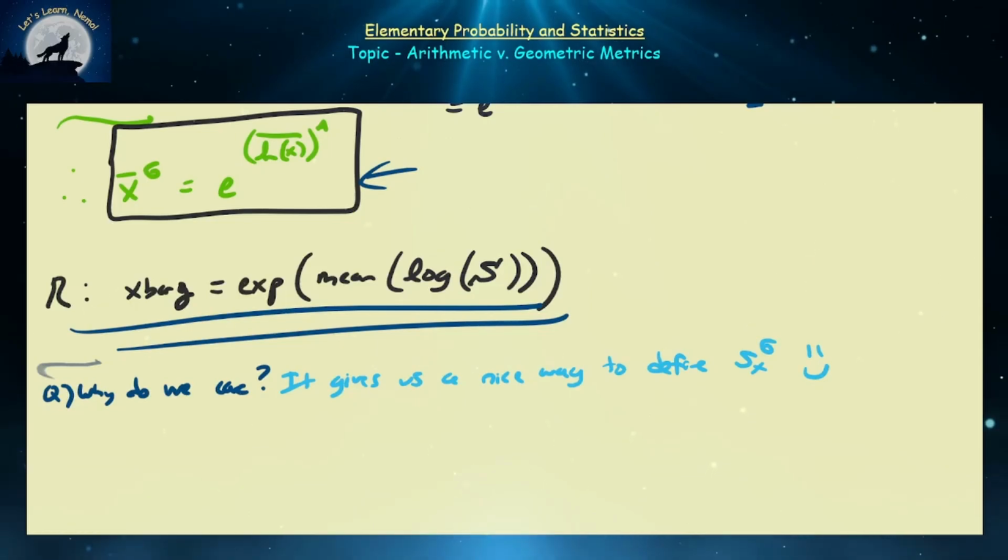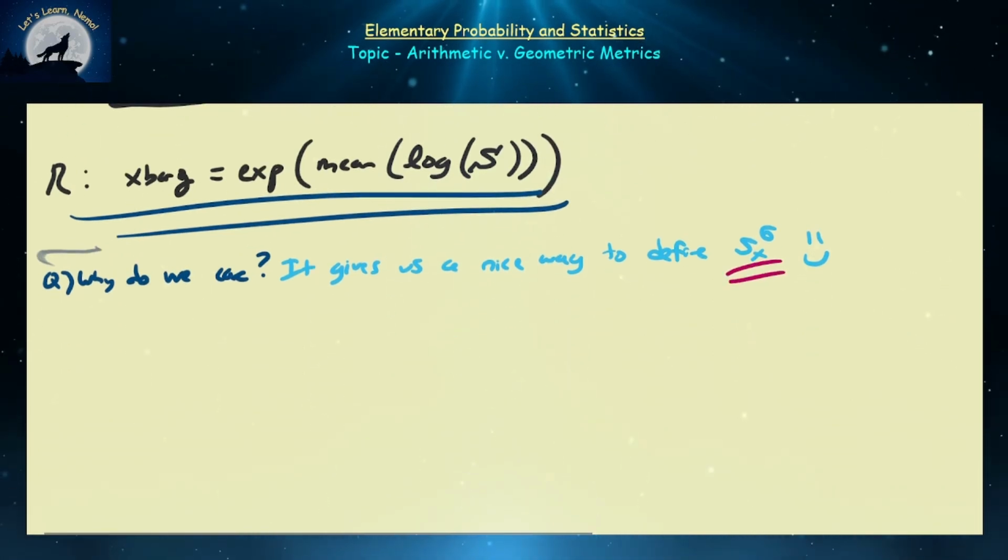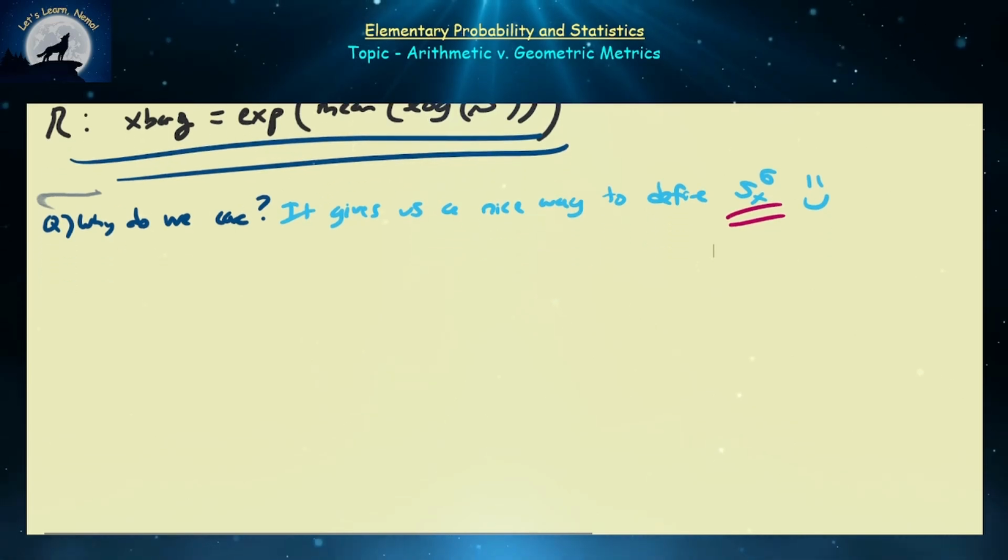So as already mentioned, this calculation for the geometric mean, e to the power of the arithmetic mean of the log of the values, obviously is not very useful outside of the theoretical realm, because most people will just take each of the values, multiply them together, and then take the nth root of that product. But of course, why do we care? Because it gives us a nice way to define the geometric standard deviation of a set of numbers. So using this same exact idea, the geometric standard deviation will be equal to e to the power of something.